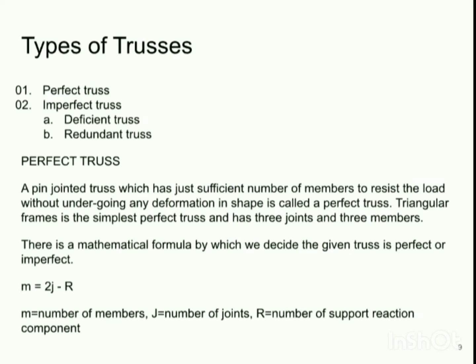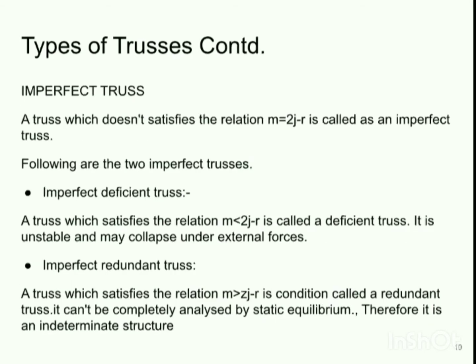So let us proceed to the next, that is imperfect truss. A truss which doesn't satisfy the relation m equal to 2j minus r is called an imperfect truss. So what is imperfectness? When the members of a truss are not equal to the RHS, that is 2j minus 3, that type of truss is an imperfect truss.